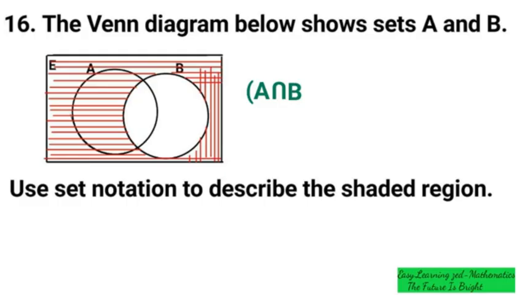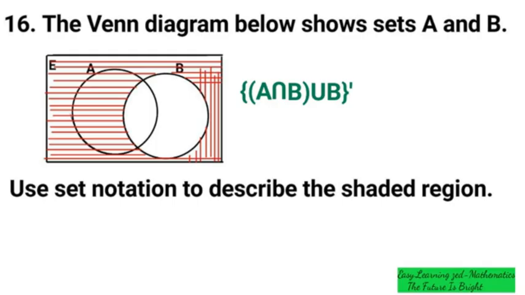Okay, I'm going to cross like that. Then I'm also going to put the curly bracket. Okay, so it is A intersection B. Okay, then union B complement. Okay, so the shaded area is A intersection B union B complement.